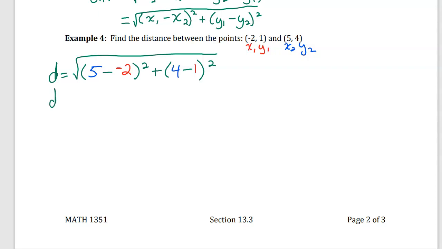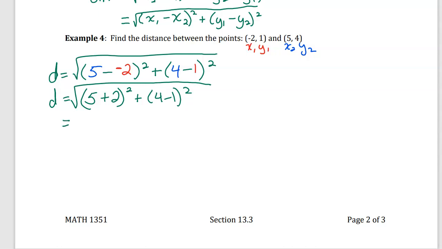Now I will solve. 5 minus a negative 2. Minus a negative becomes plus, so that's going to become plus a 2 squared. And then we have 4 minus 1 squared. I'm going to take the square root of that. Remember that square root cannot just drop off or cancel those squares.